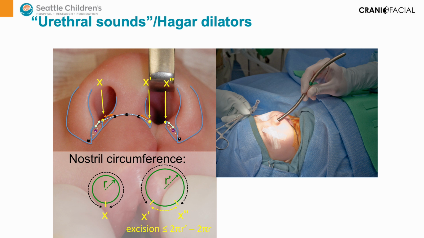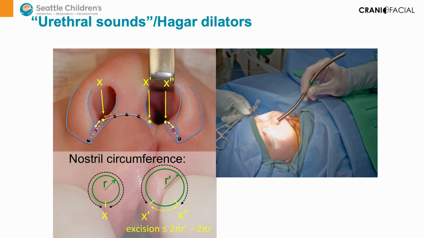Here, however, we can measure things further. We can use Hegar dilators, which have diameters written on them, to measure the size of the nostrils. We know that pi times diameter is the circumference of the circle. Pi is essentially 3, and so the difference in nostril circumference is going to be the difference in diameters multiplied by 3.